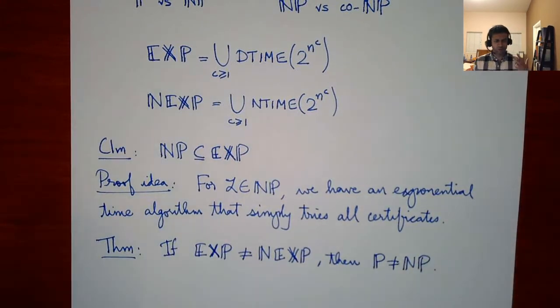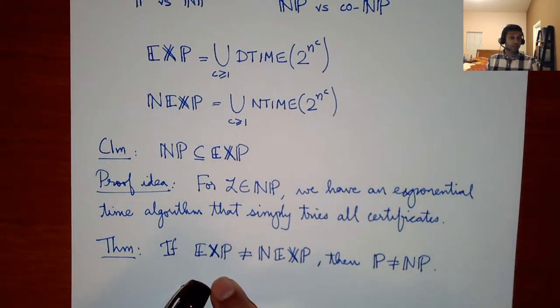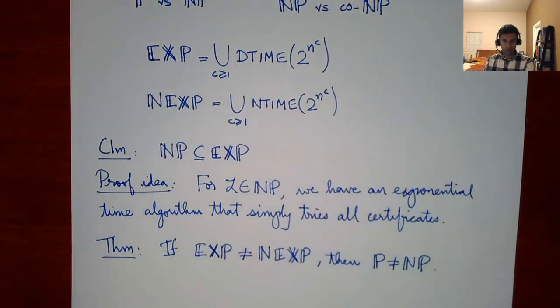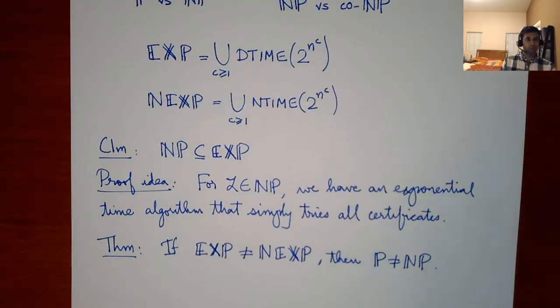Again, one of the reasons you could think to define this is to try to understand the power of non-determinism. And this is saying that if non-determinism actually has power in exponential time, then it will also have power in polynomial time. Power meaning that it can actually do something that you cannot do in polynomial time.